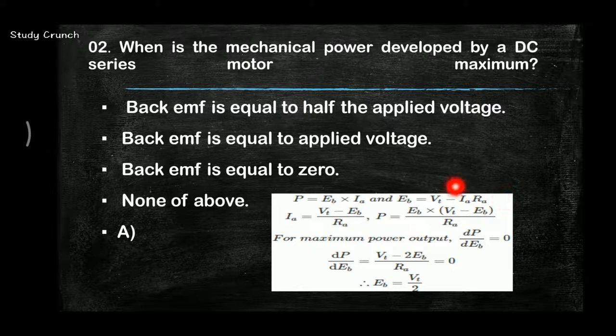If we find IA, it will be VT minus EB by RA, and we write this value of IA in the power formula. For maximum power output, we differentiate it with respect to EB. So the answer will be VT by 2. So back EMF is equal to half of the applied voltage.